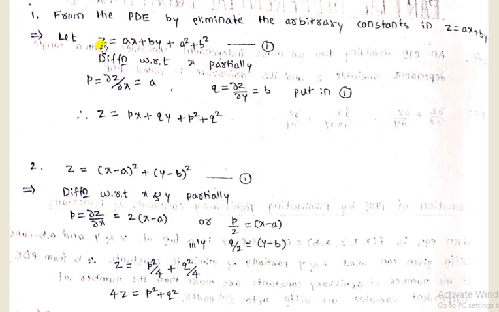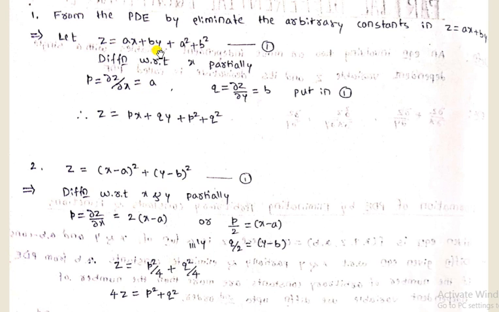So the differentiation of z becomes ∂z/∂x, and we know that ∂z/∂x is denoted as p. The differentiation of ax with respect to x is a, since the differentiation of x is 1. y is constant, so its differentiation is 0. Similarly, a² and b² give 0. So our a value becomes p.